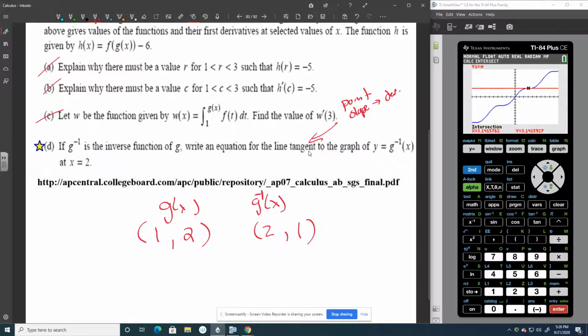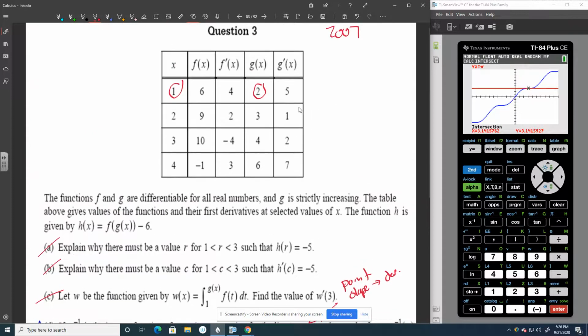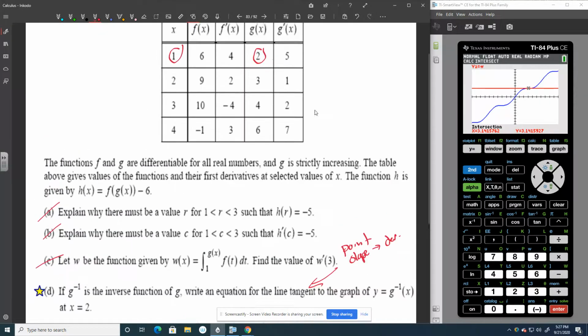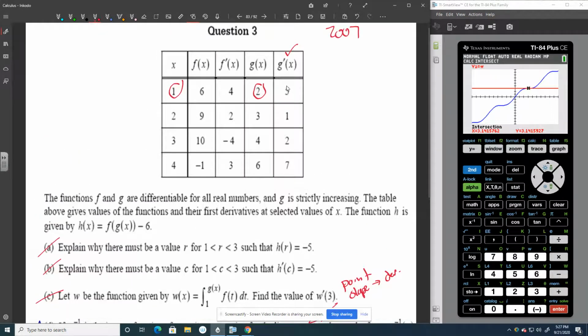Now I need to find the slope at that point. What I'm looking for in my original function is the slope at 1, and that's going to be the reciprocal of the slope of my inverse function at 2. So for the slope at 1 of g, I need to look at g prime. G prime is right here. If I put a 1 into g prime, I get out a 5.